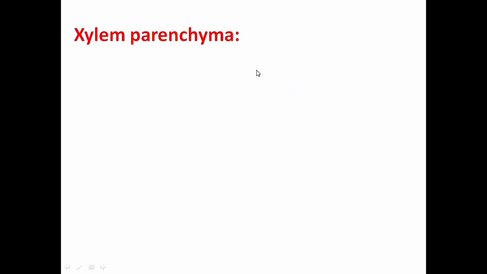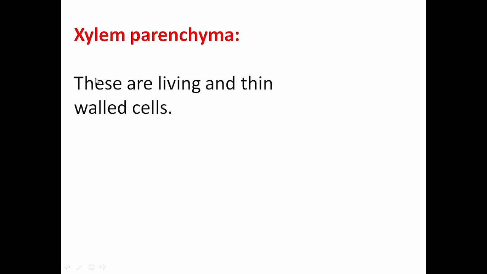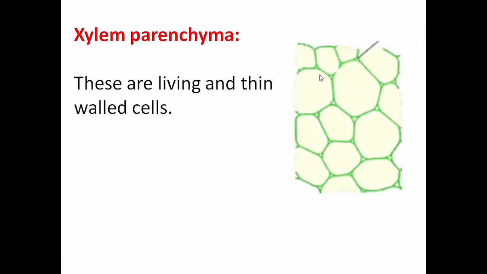Xylem parenchyma is the only living component of xylem. All the other three are dead cells. Xylem parenchyma is the living cell inside the xylem. It has thin wall. They are living and thin-walled cells. This is a diagram of xylem parenchyma.